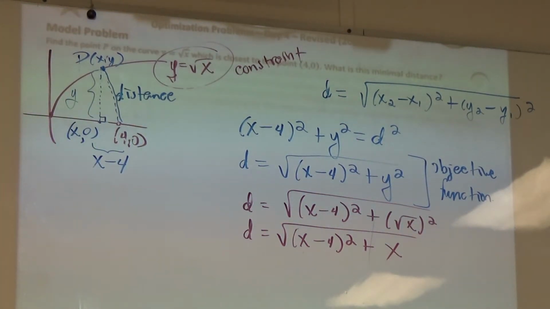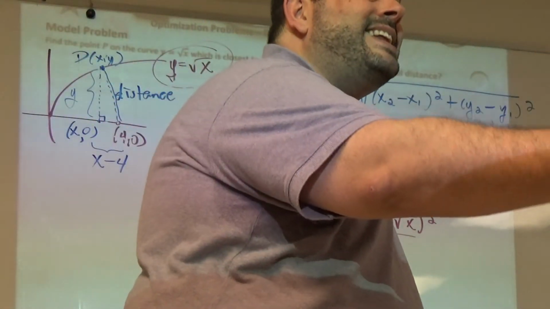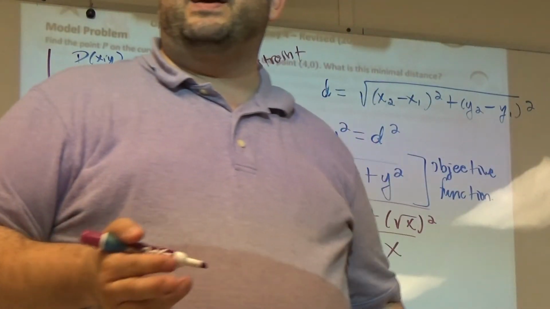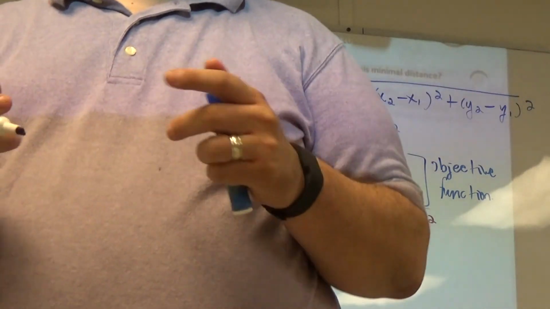Only one variable in the objective function. Why is this good news? Because now you can find a derivative. Once you find the derivative, set it equal to 0, figure out where it's undefined, do all the things that we normally do.